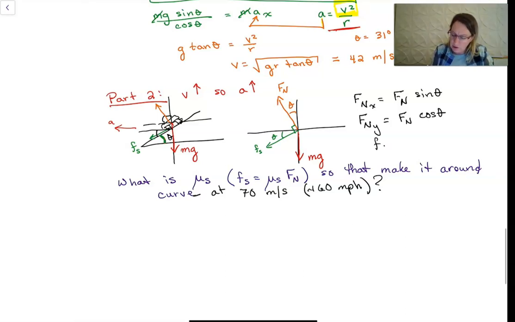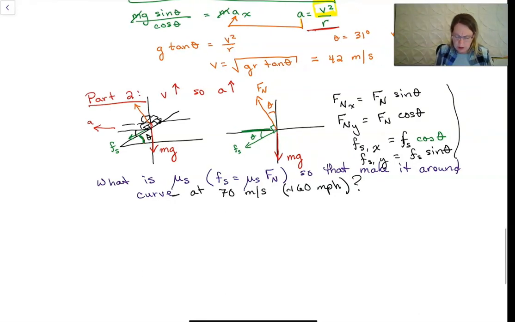Static friction in the x direction, the x direction is the adjacent, right? So that is force of friction cosine of theta. And F s in the y is F s sine of theta. And so we've got all of our components.